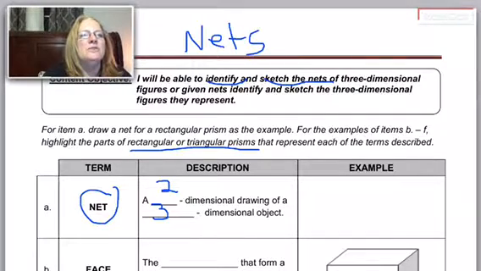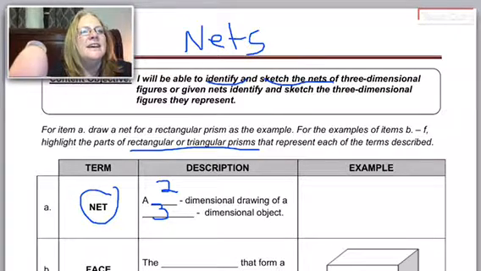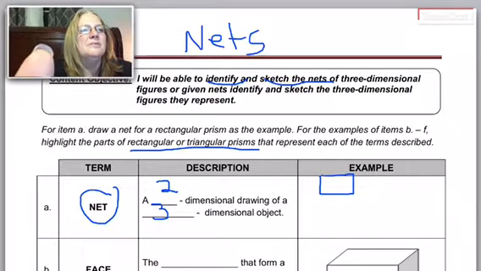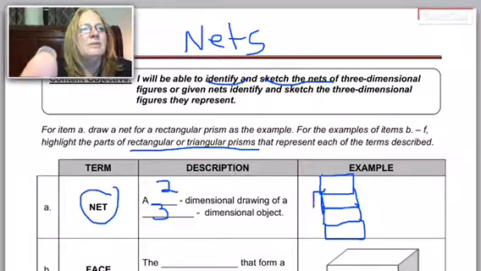But if I was going to try and draw the net of a rectangular prism, it's going to have four sides and two bases. And the sides of prisms are always rectangles. So I'm going to try here and draw these four sides. And then I'm going to put the base over here.